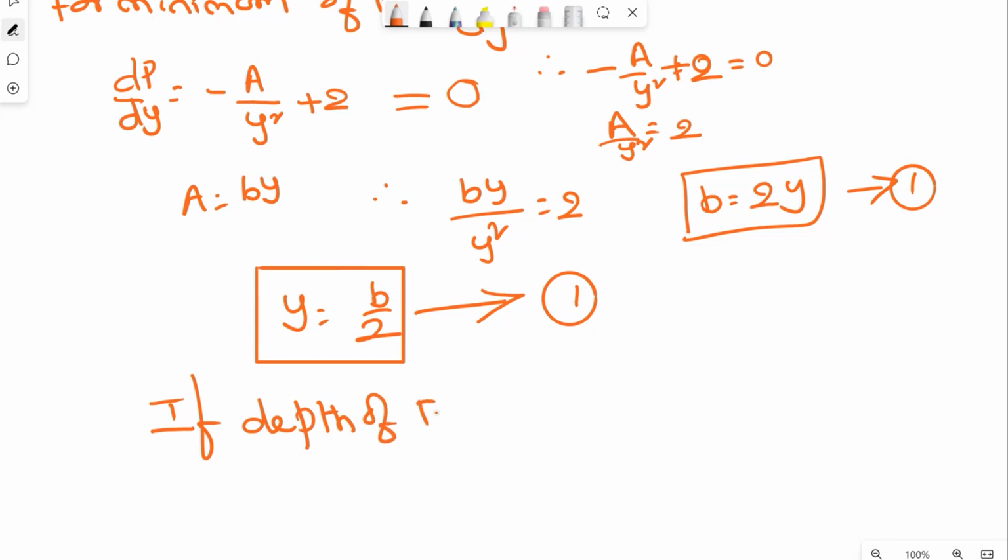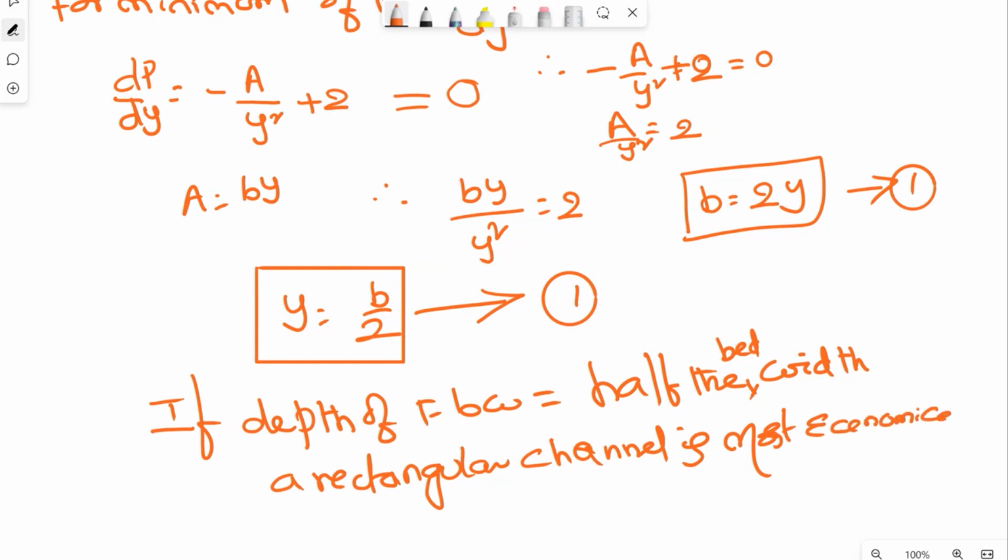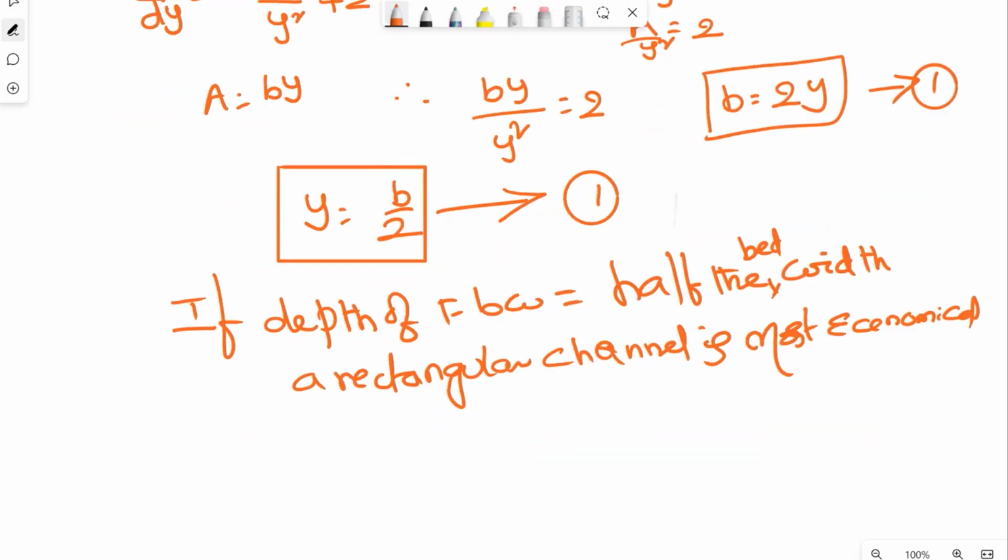If depth of flow is equal to half the bed width, a rectangular channel is most economical. So this is the first thing. One condition I have derived.